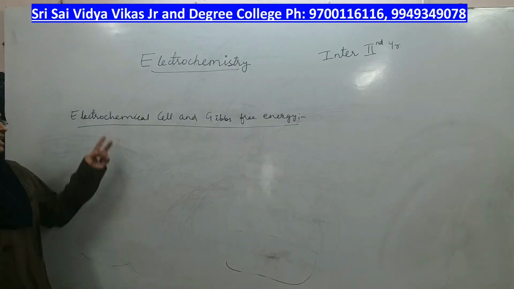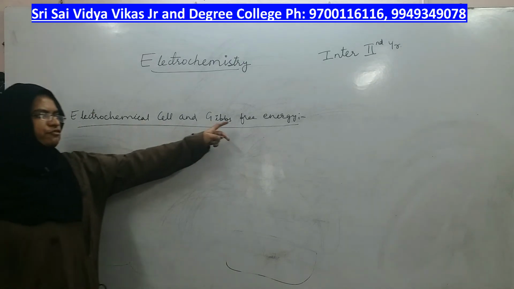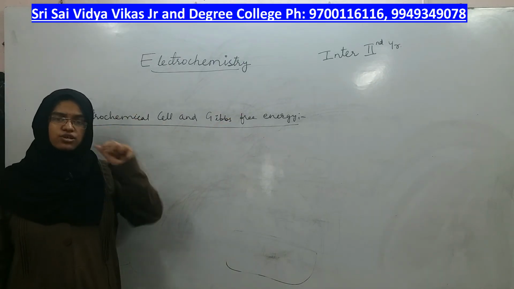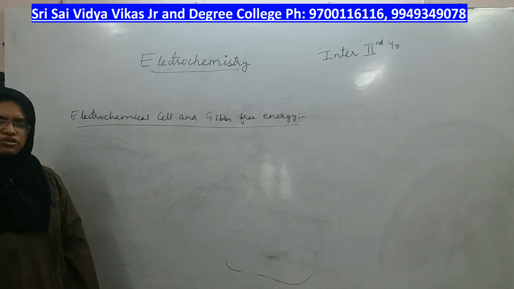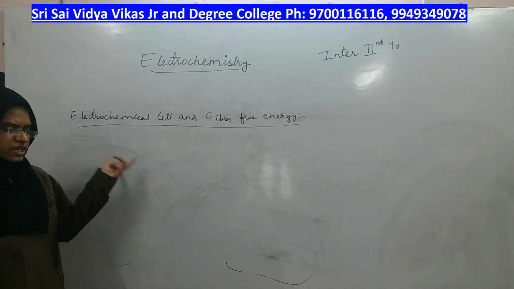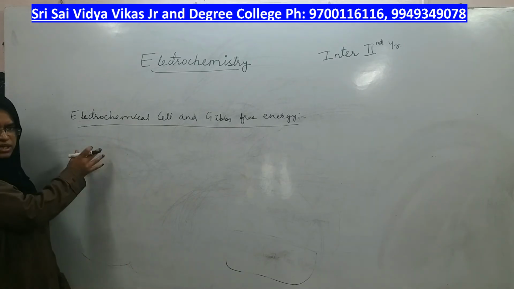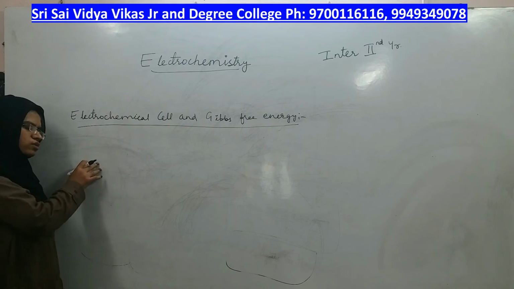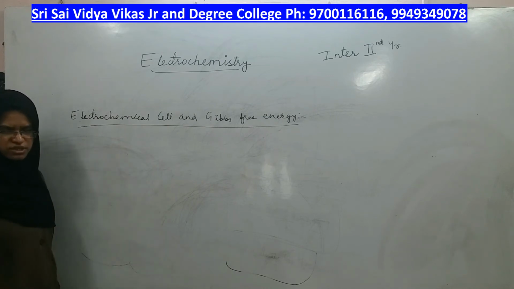So now there is another topic in electrochemistry which is called Gibbs free energy, and it is also related to the electrochemical cell, right? Just like any other cell, an electrochemical cell is also having two compartments, anode and cathode, having two electrodes, two solutions and a salt bridge, right?